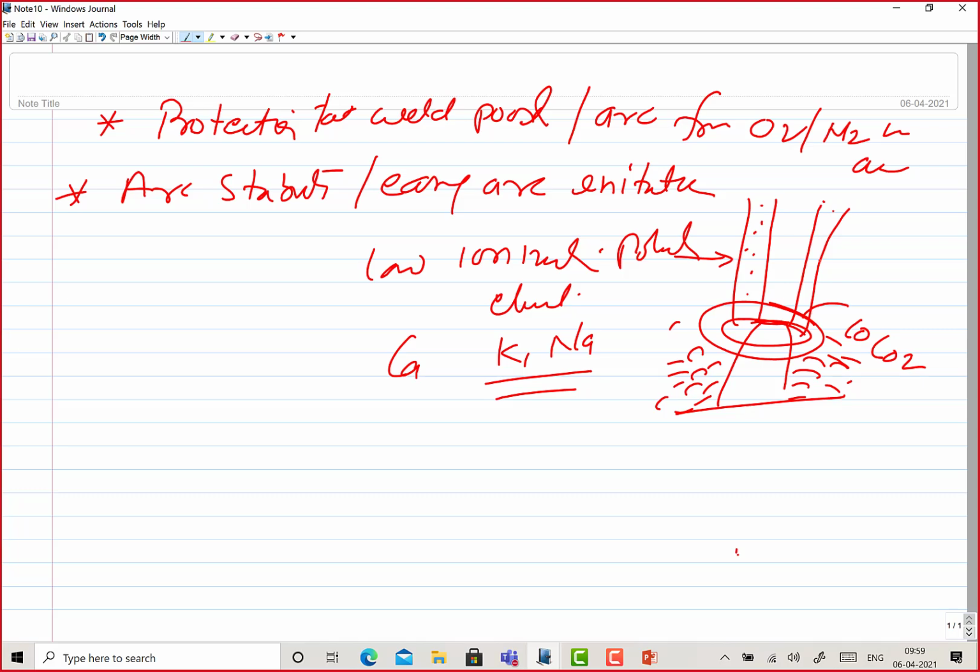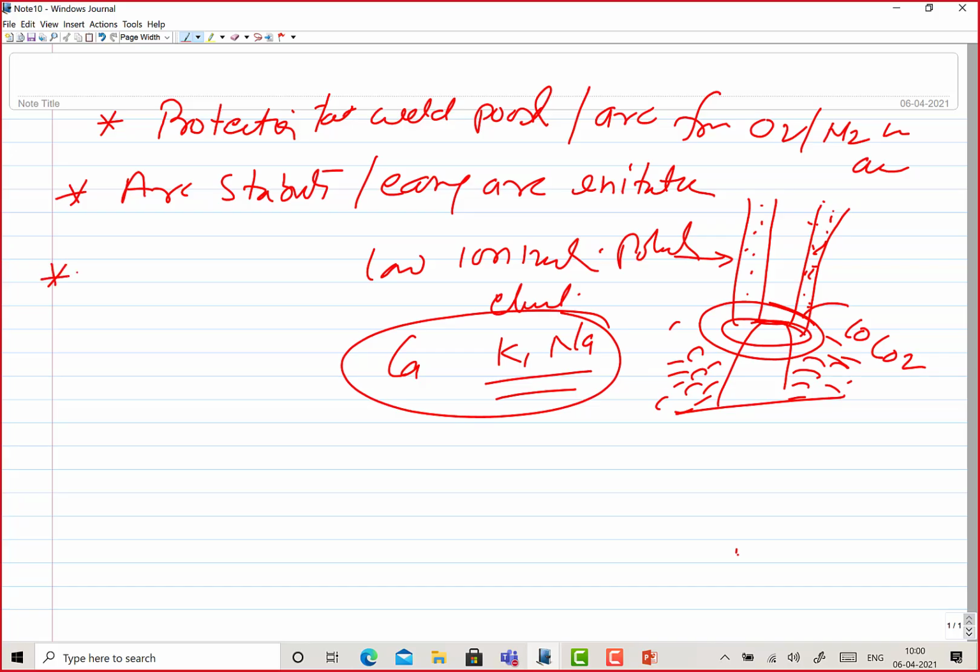Under favorable conditions of welding in terms of temperature and potential difference, these release electrons very easily for striking and for stabilizing the welding arc.